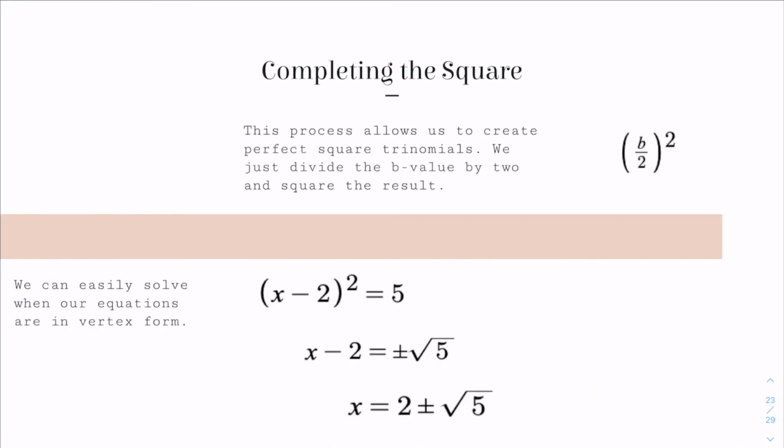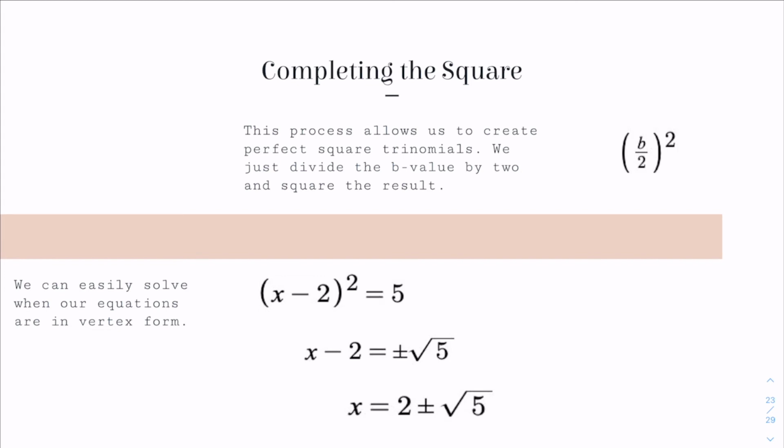So the process of completing the square allows us to create perfect square trinomials. And to do this process, we just take the b value, divide by 2, and then square that result. And once we complete that square, we will have a perfect square trinomial, and then it makes the solving process easier.